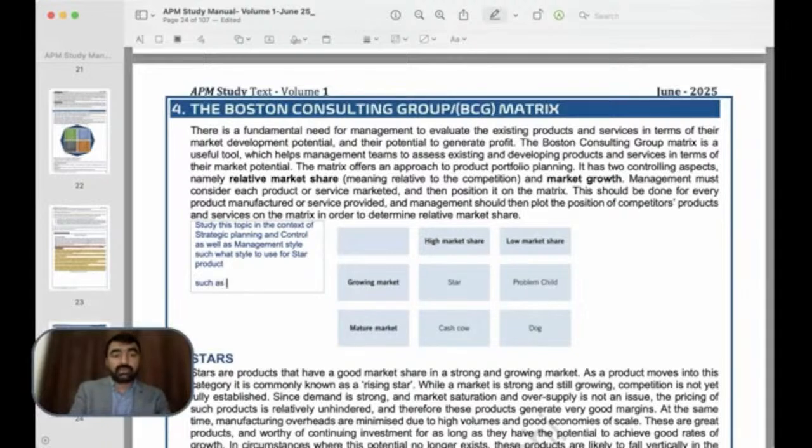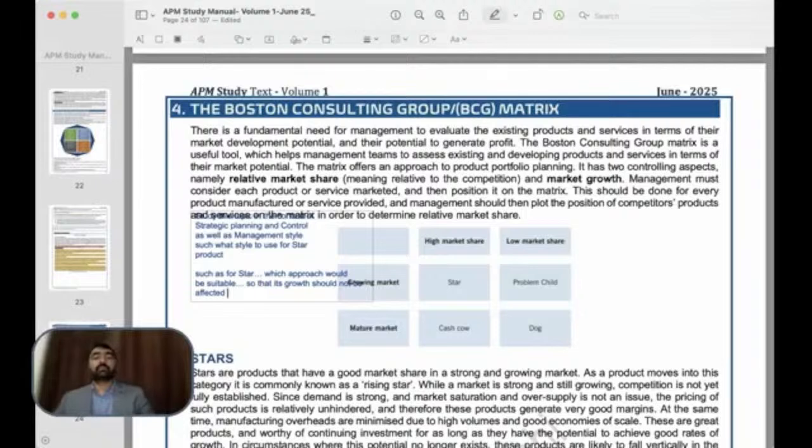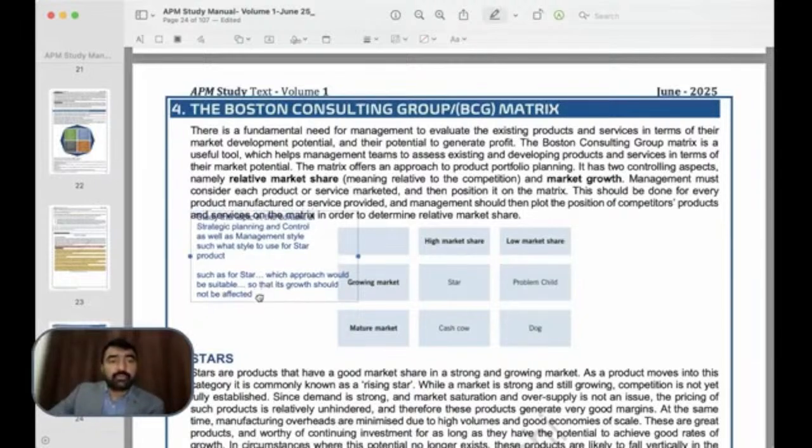Okay, such as for star, which approach would be suitable so that its growth should not be affected? So we have to decide on this.